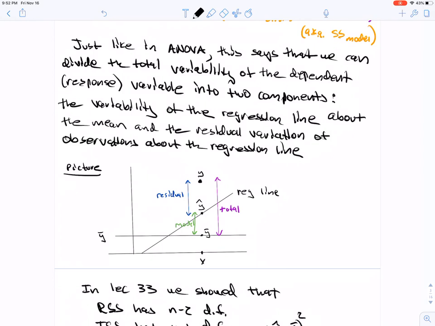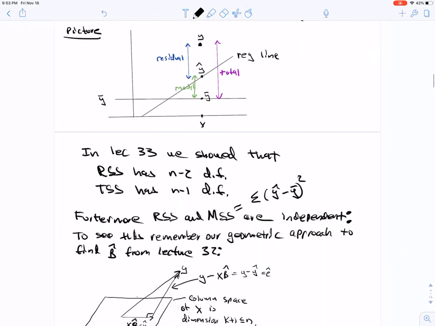So that's total distance is the residual distance plus the model distance. The interesting thing is that the sum of squares of the total distance is the sum of the residual distances squared plus the model distances squared. So that's quite an interesting result.